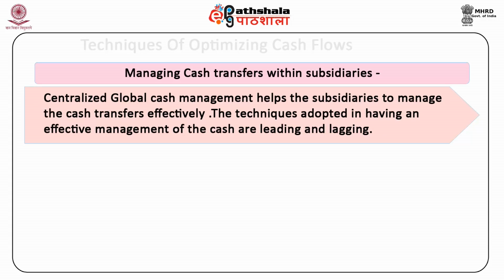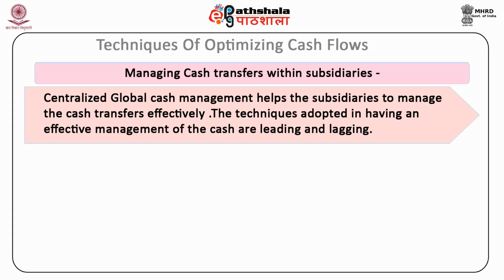Managing cash transfers within subsidiaries. Centralized global cash management helps the subsidiaries to manage the cash transfers effectively. The techniques adopted in having an effective management of the cash are leading and lagging. These can be explained with the help of an example. Subsidiary A has an excess cash, whereas subsidiary B has deficient cash.